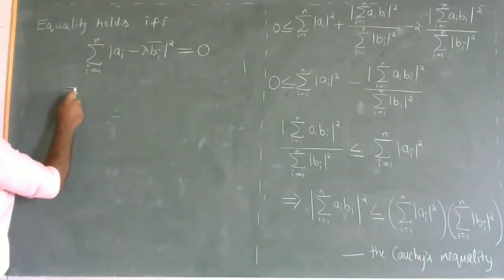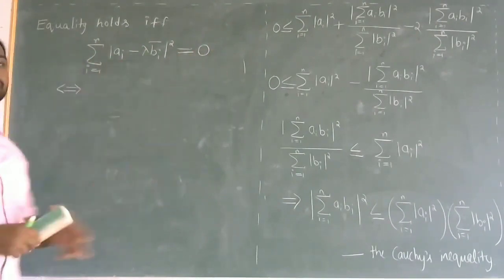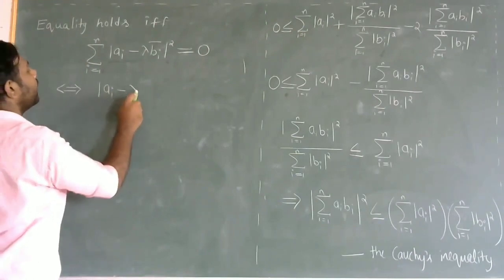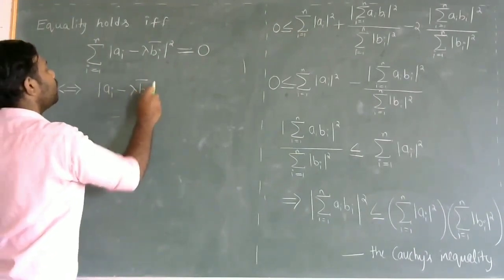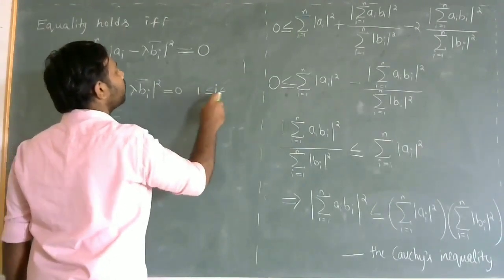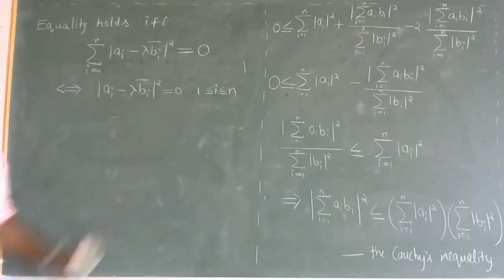But this is 0 if and only if the sum of non-negative terms is 0, which means all the terms have to be 0. Modulus of ai minus lambda bi bar whole square has to be equal to 0 for all i values.